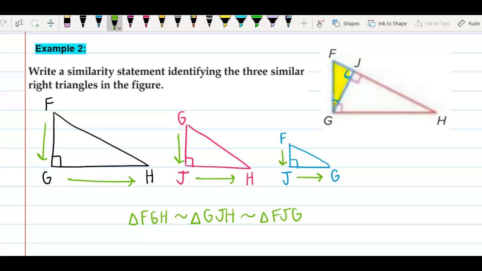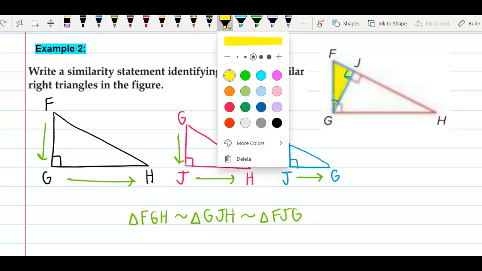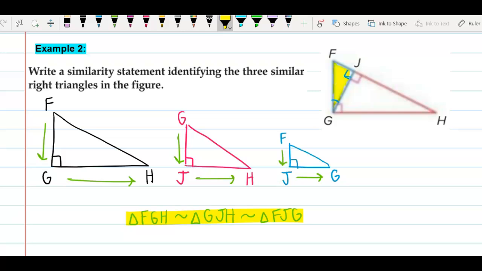Just make sure you start and rotate the same way around each of the triangles. But this would be our final answer.